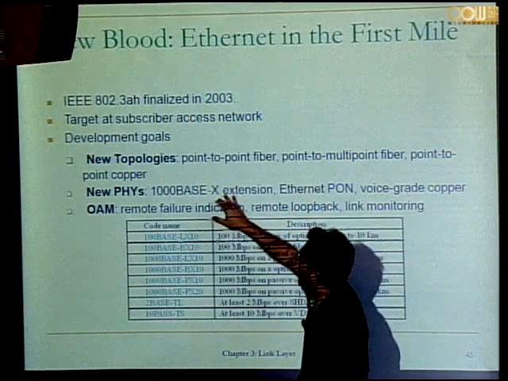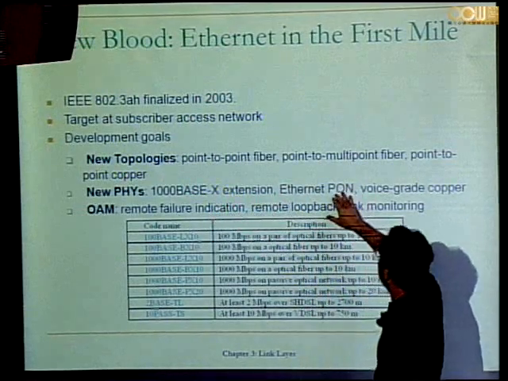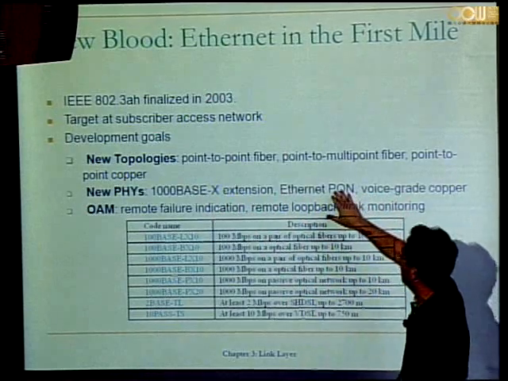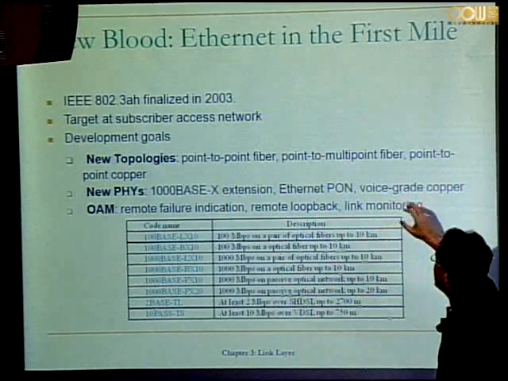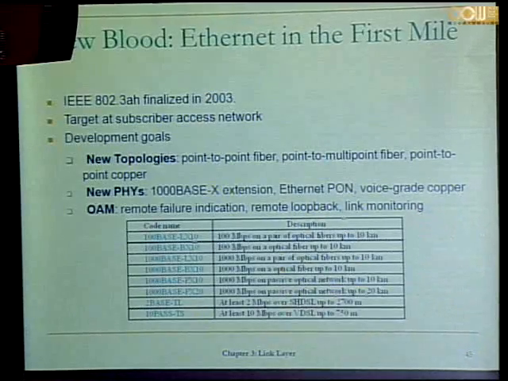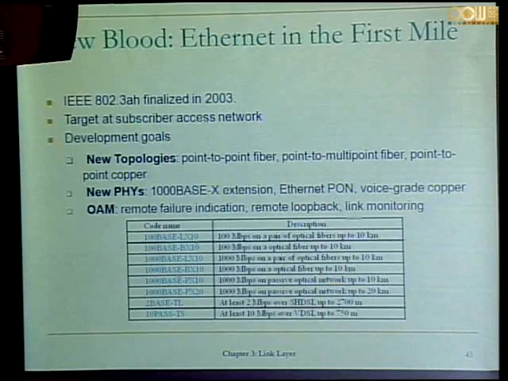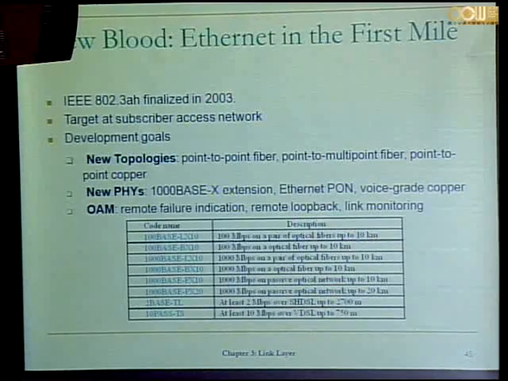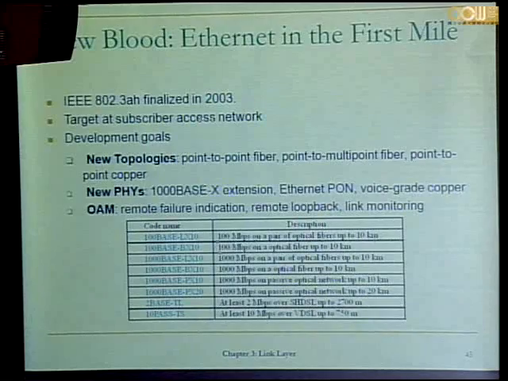And you will see some new physical layers like EPON, Ethernet passive optical network. These are the new standards, but they haven't prevailed yet. They still need to grab the market share piece by piece.